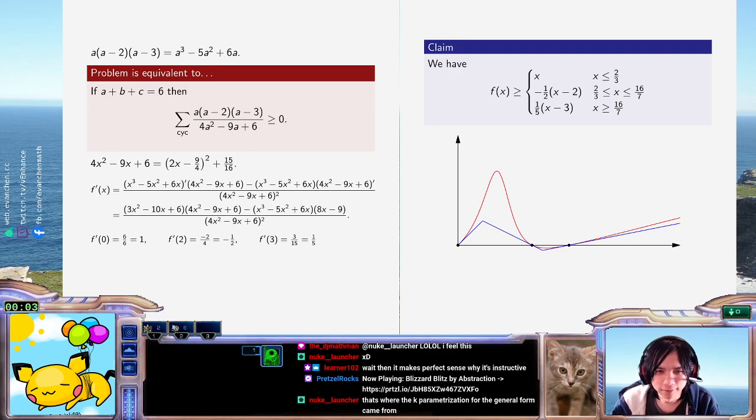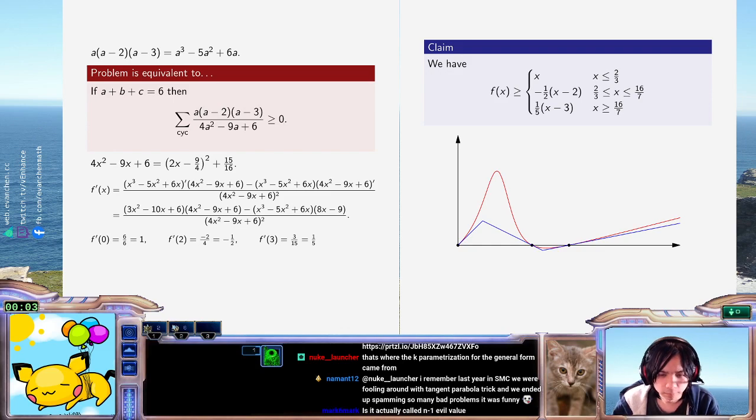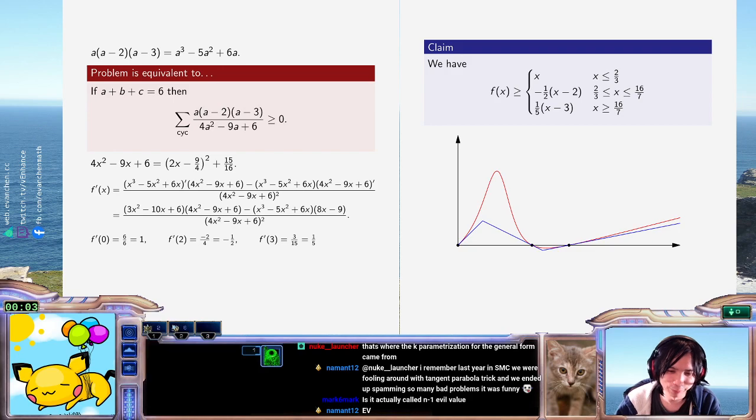Okay. No, it's called the n-1 equal value principle. It's not the evil chin principle, okay?